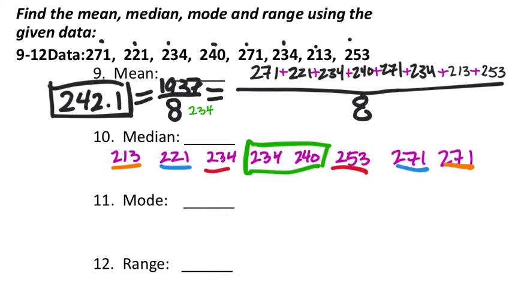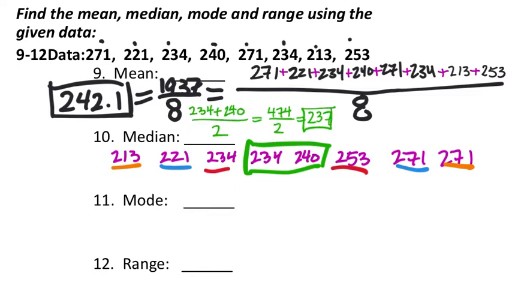And remember, we're finding the mean of these two, or the average of them. So I'm going to add those two together and just divide that value by 2, whatever it is. So it looks like that's 474. And we're going to divide that by 2, which would be 237 as our median.